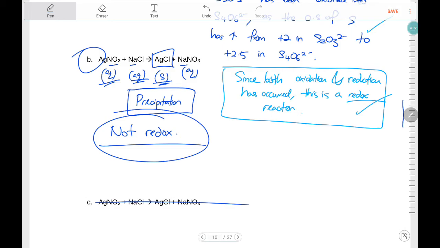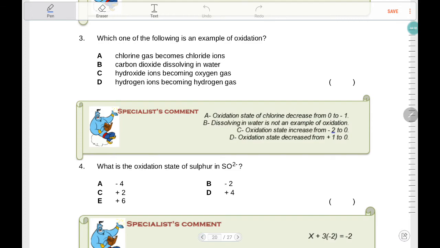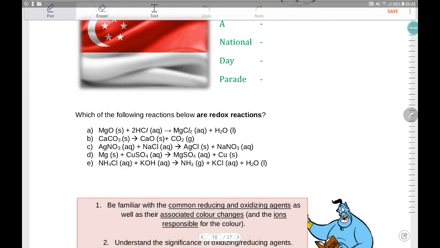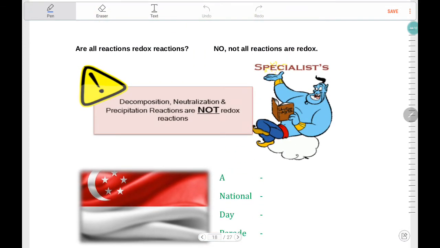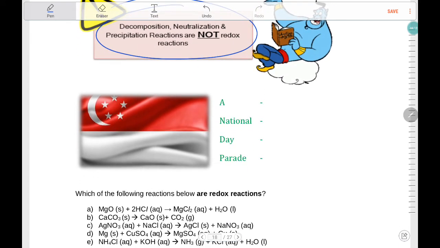So how do we know what reactions are redox and what is not? Let's now turn to page 18. Here we have the list. Are all reactions redox? The answer is no. These are the reactions that are not redox. How do I remember them? Very simple: National Day Parade.